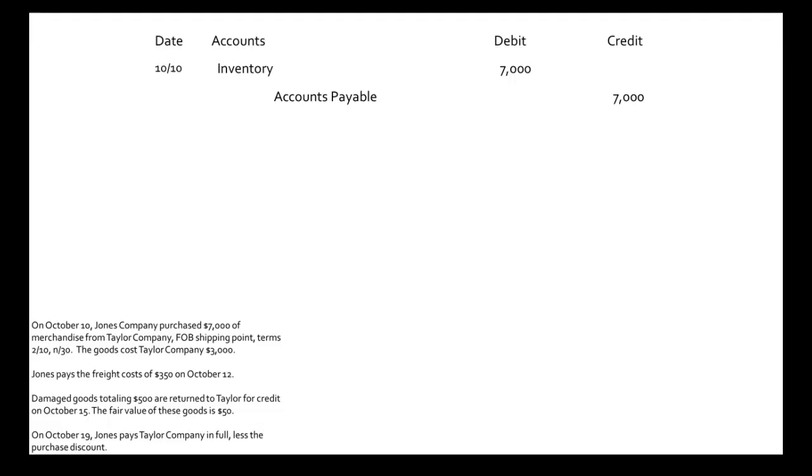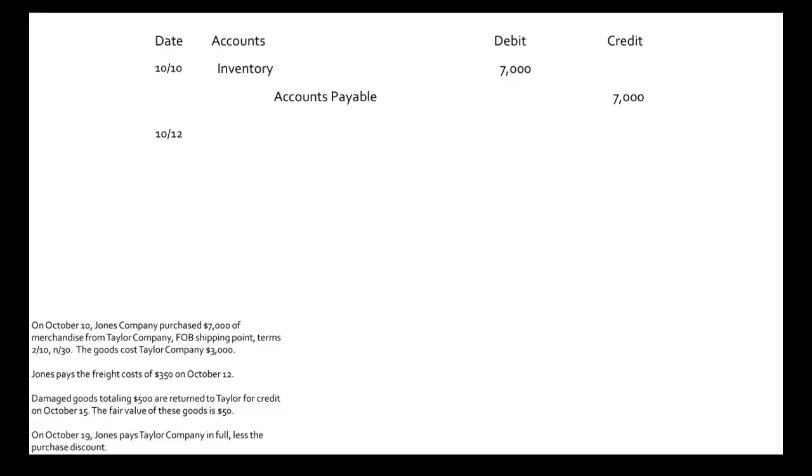You don't care what Target had to pay to acquire those goods. That doesn't even come into the equation for you. So the buyer doesn't care about what the goods cost the seller. That's something that we'll worry about when we're journalizing these transactions for Taylor Company.